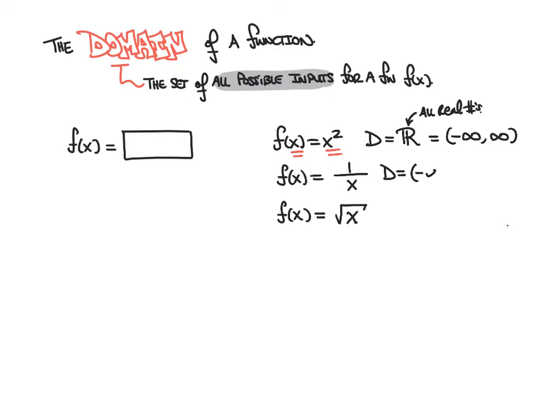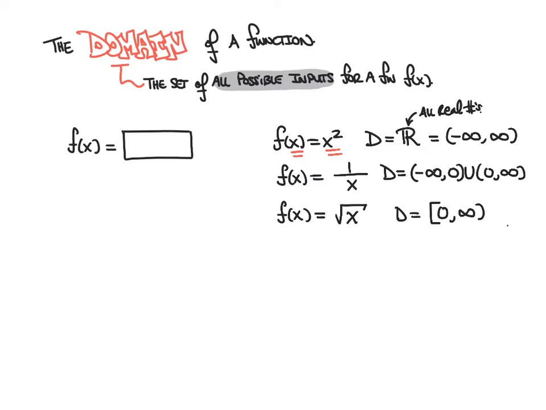We express it as the interval from -infinity to 0, and then the interval from 0 to infinity. All open parentheses on these, and then we put this big capital U, which stands for union. So that'll represent the domain, and it essentially tells us everything except 0. And then the domain for this is going to be everything from 0 to infinity, and I can include 0 because 0 is okay. So I'm going to use a square bracket there.